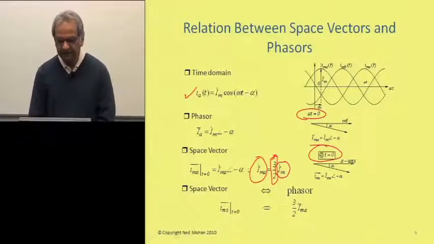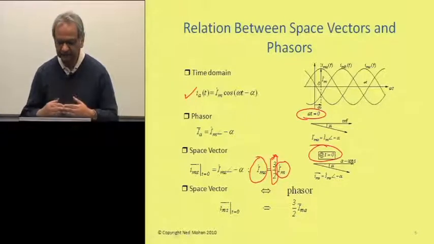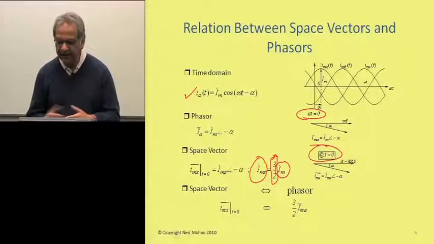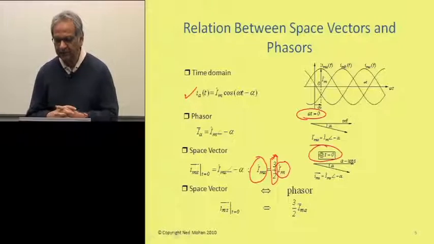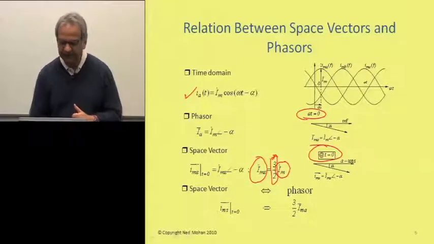The other thing we notice is that the orientation of the phasor associated with phase A is the same as the orientation of the space vector combining all three phases. That is shown in this diagram here, so this orientation here is the same as this orientation over here.